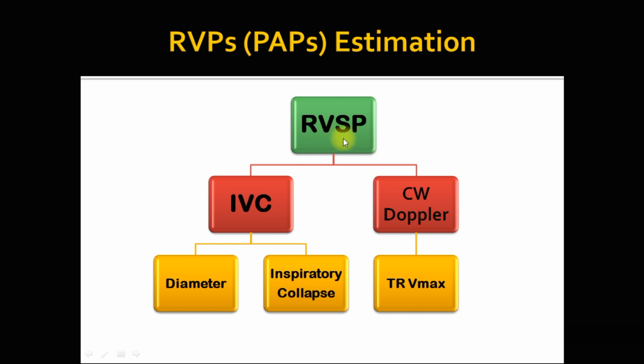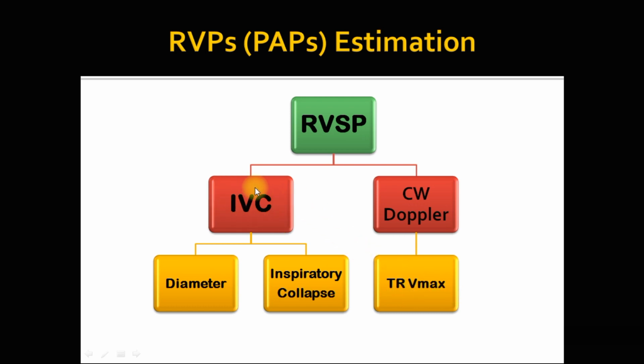Then, in order to estimate the right ventricular systolic pressure, we need continuous wave Doppler over the tricuspid valve, or over the tricuspid regurgitation jet, in order to measure the tricuspid regurgitation jet Vmax or maximal velocity.